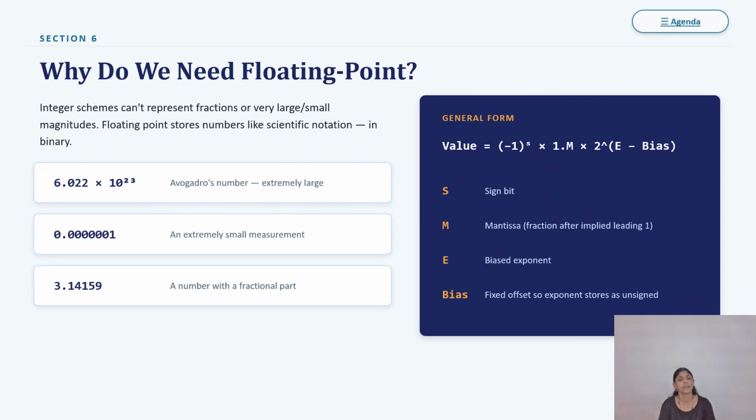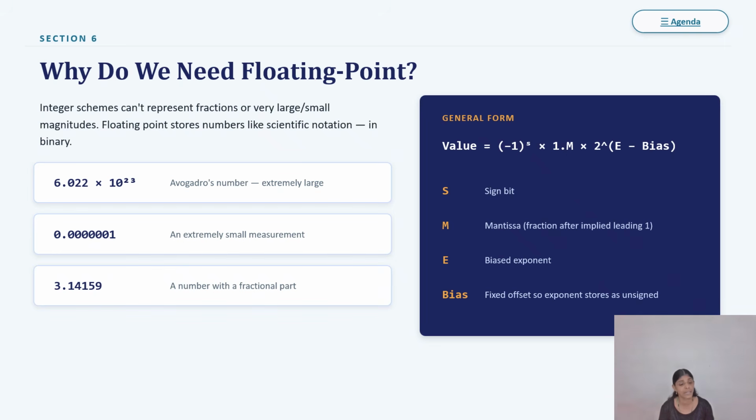Okay, right. So why do we need floating point? Whenever you are considering any values, it is not only integer representation that is available. In most places, fractional representation is also available.